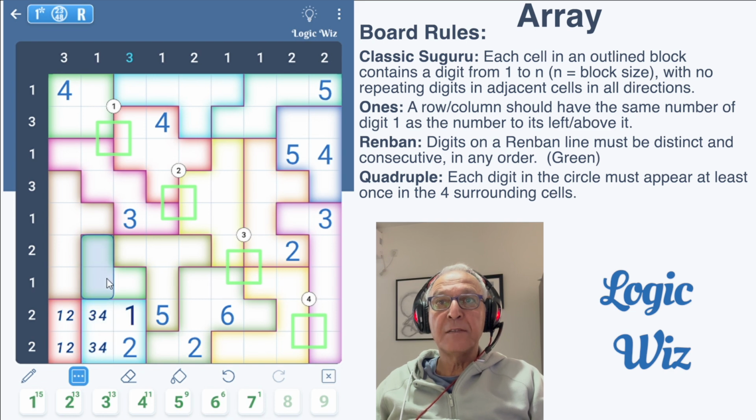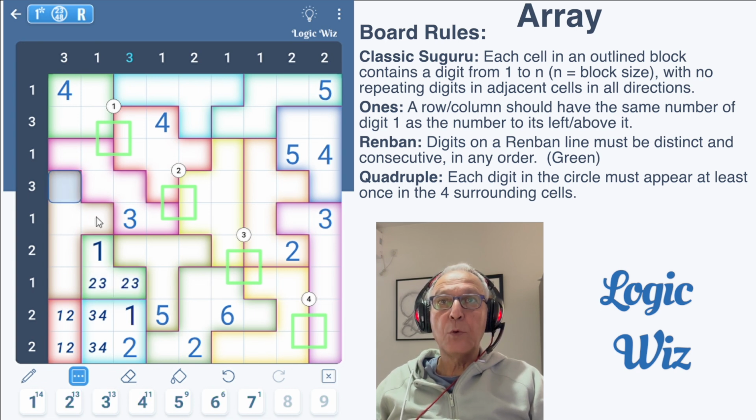The block here is in the size of 3, must have the digits 1 to 3. 1 cannot be in any of these 2 cells because of this one. So 1 has to go here. And here must be 2 and 3.